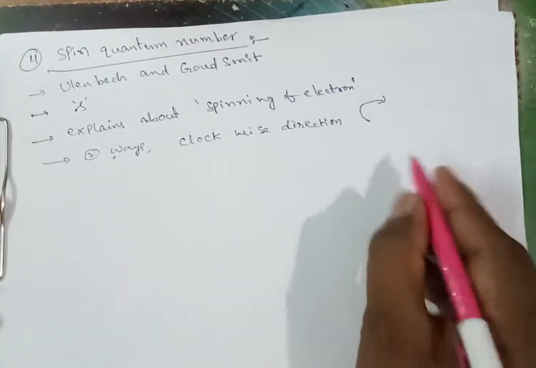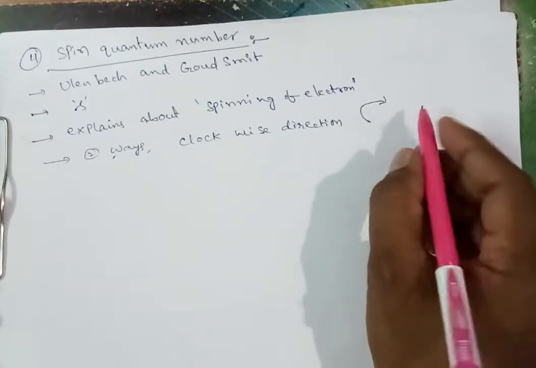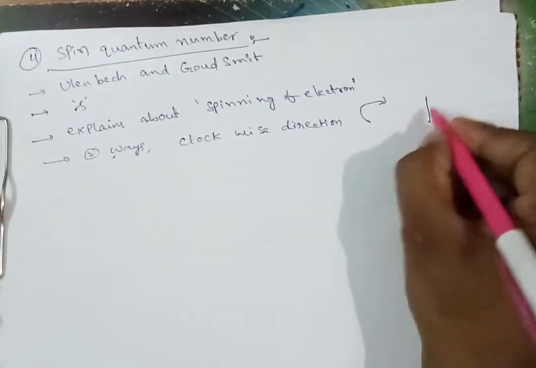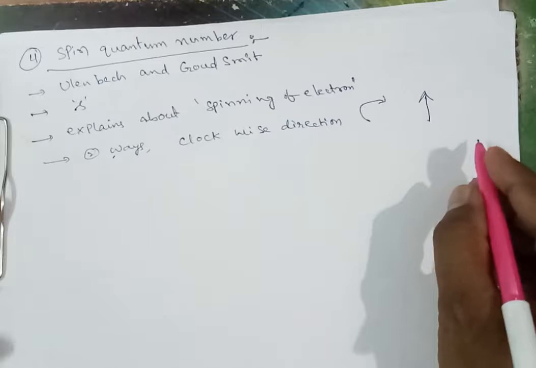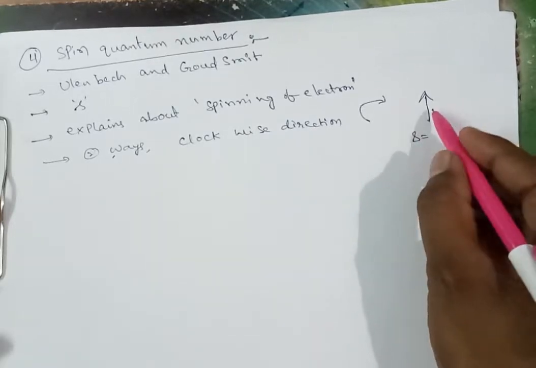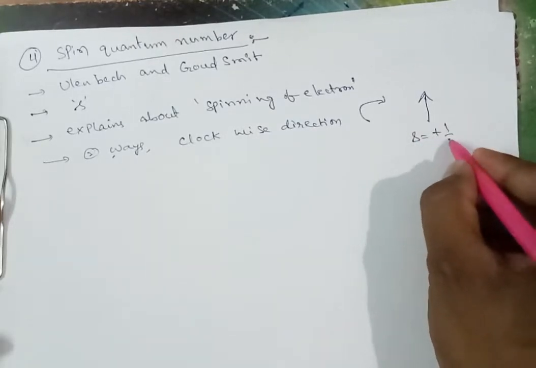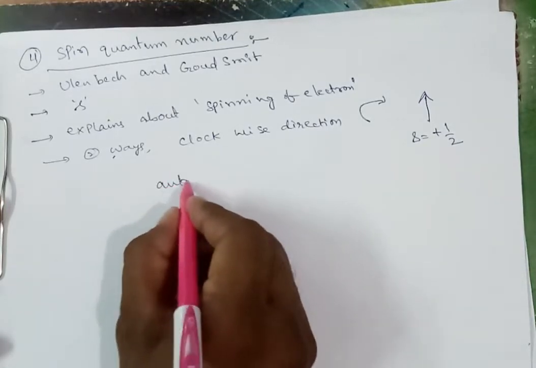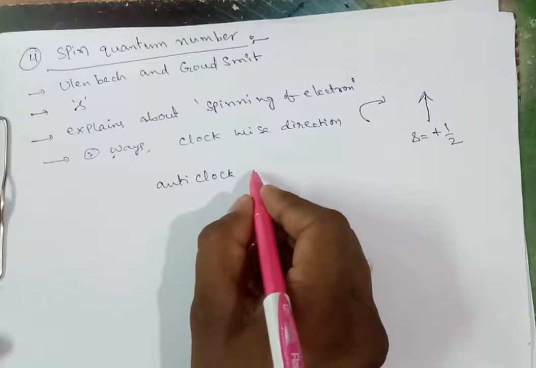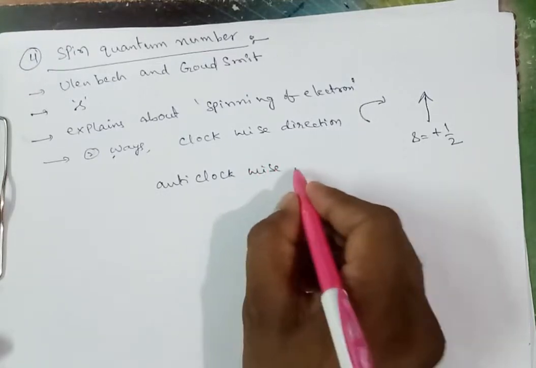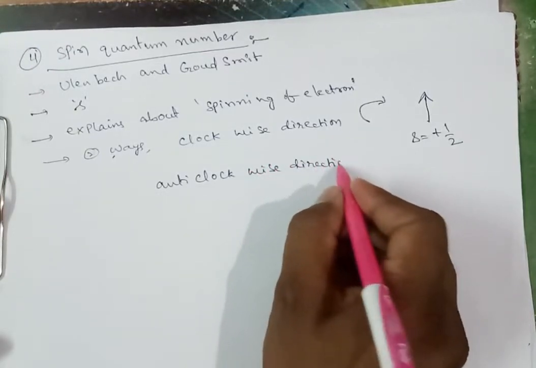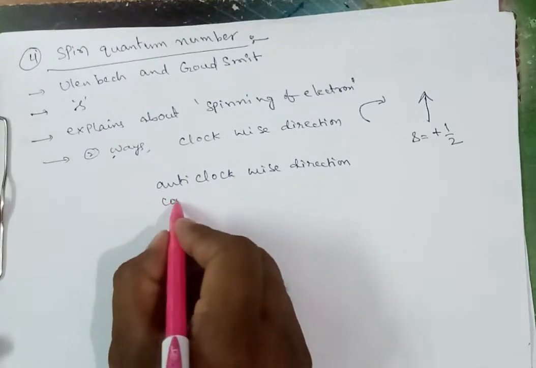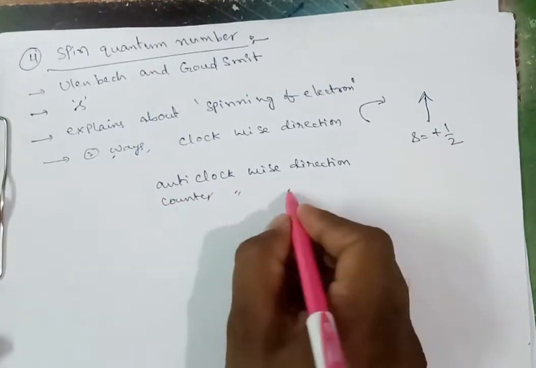To represent the clockwise direction of the electron, we write the electron as an upward arrow. The spin value for an upward electron is plus half. The other is the anti-clockwise direction, sometimes called the counterclockwise direction.